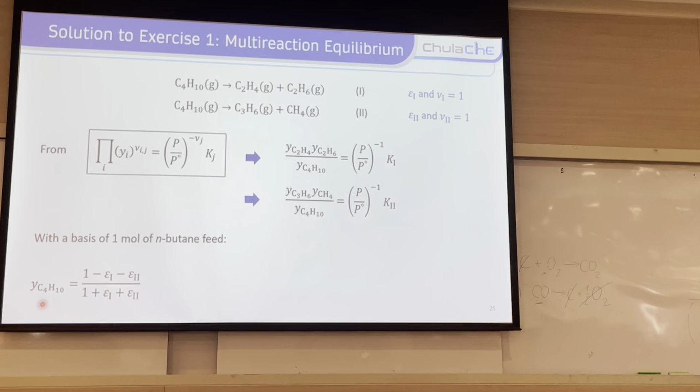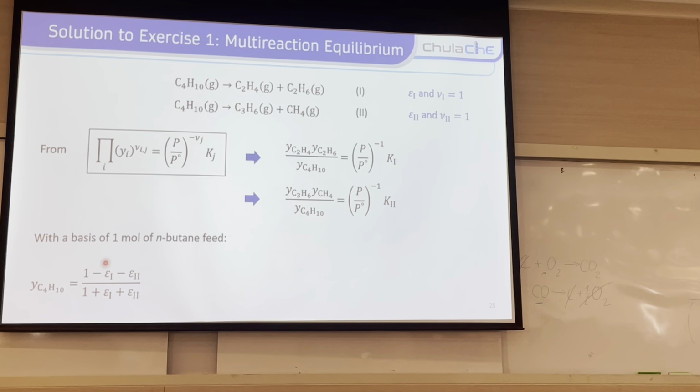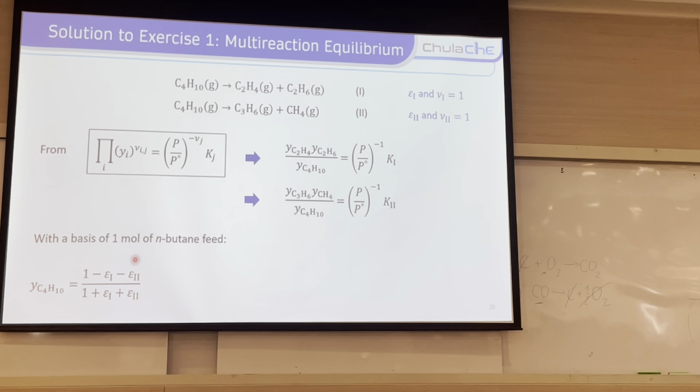In the case of butane, the mole fraction numerator is 1 minus the stoichiometric number times the reaction coordinate of reaction 1, and minus the stoichiometric number times the reaction coordinate of reaction 2.